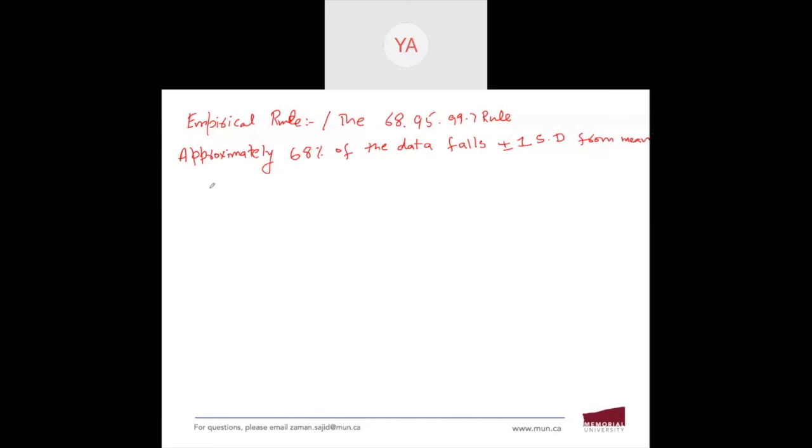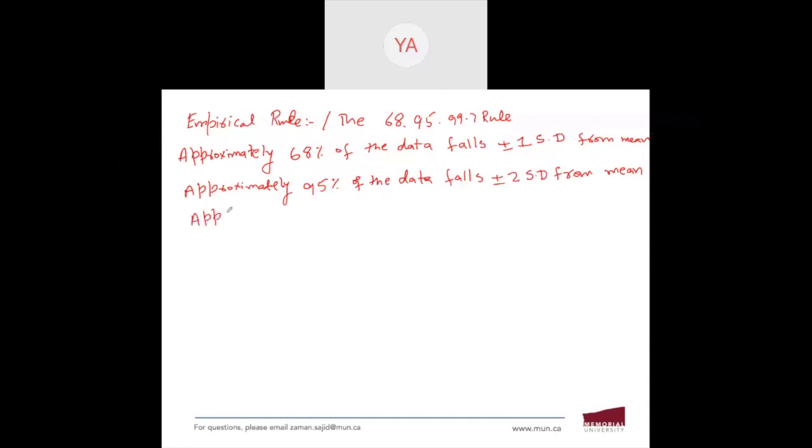It also says that approximately 95% of the data falls within plus minus 2 standard deviations from the mean. I will explain what these mean actually.